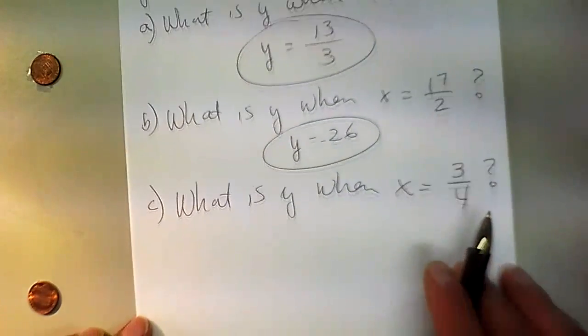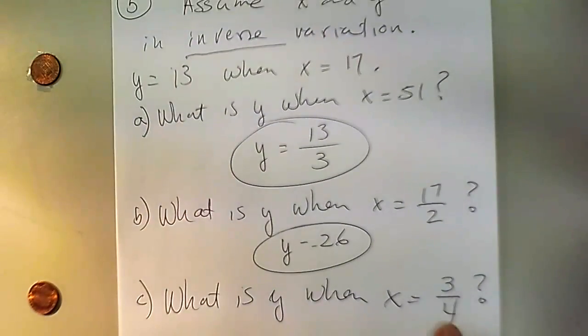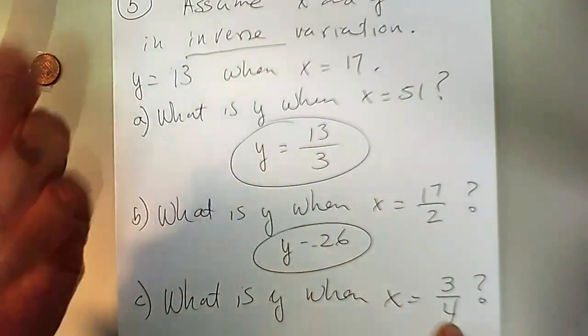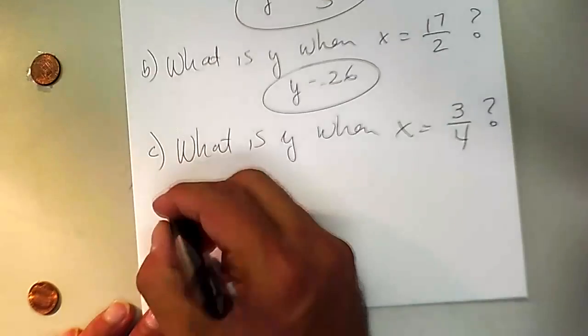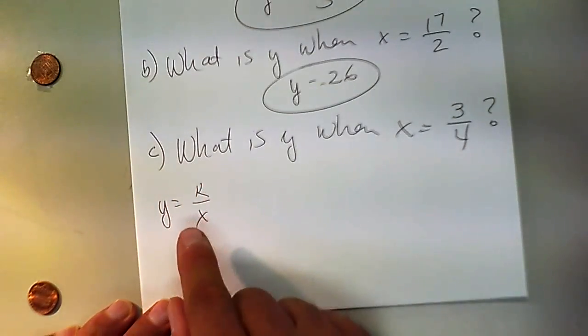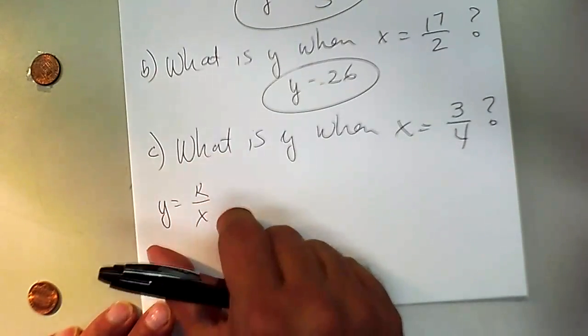Let's just set up an equation. And then to make things even worse, this is a fraction. In the other problems we did, there was no fraction for one of them. Okay, so inverse variation means set it up as y equals constant over x. Now we have to figure out this constant because this is a vague equation.